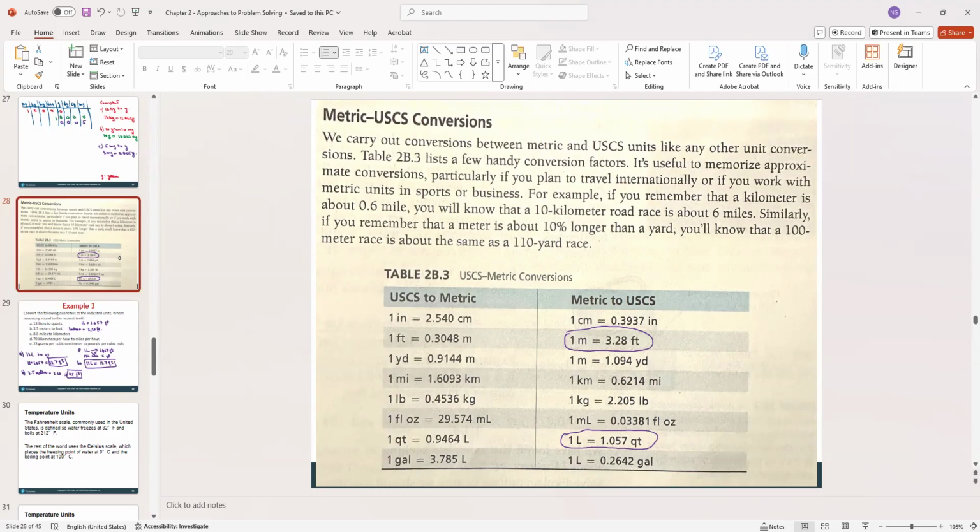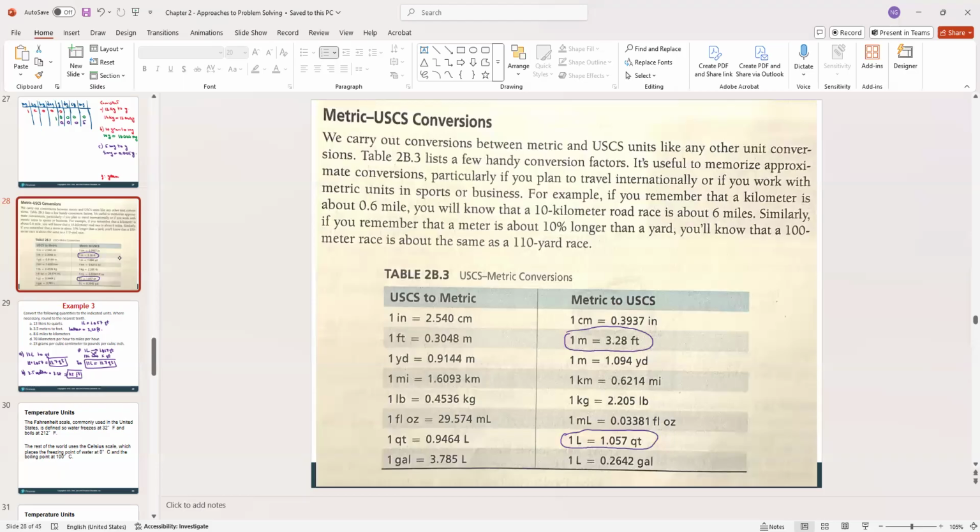Just when you cross the US border and go to Canada, for example, they don't use miles, they use kilometers. In Europe, they use kilometers. They don't use Fahrenheit elsewhere. The US uses Fahrenheit, but elsewhere they use Celsius. So it's really important to know how to move from one to another.